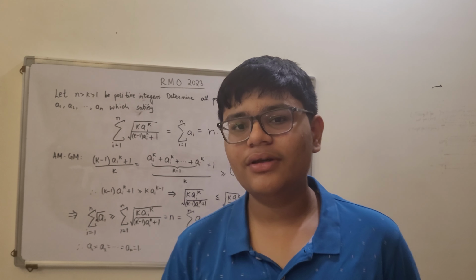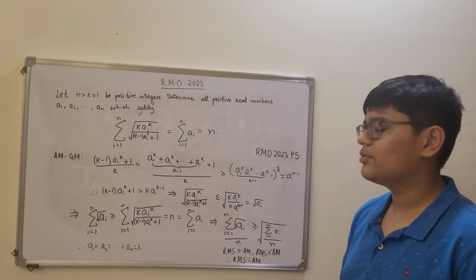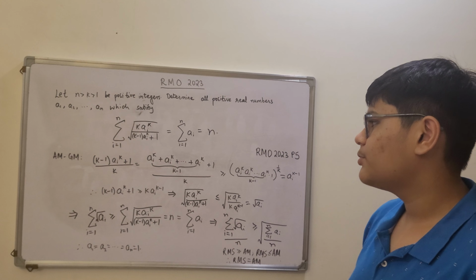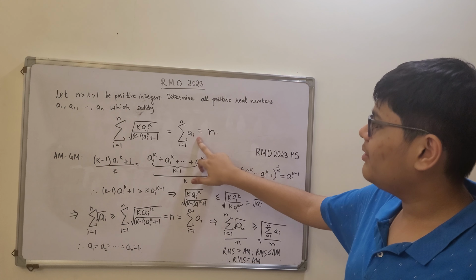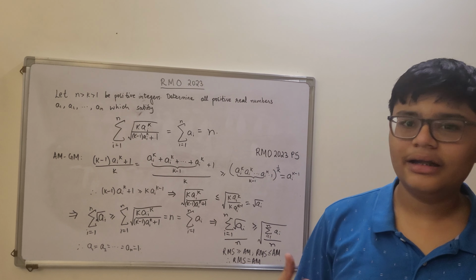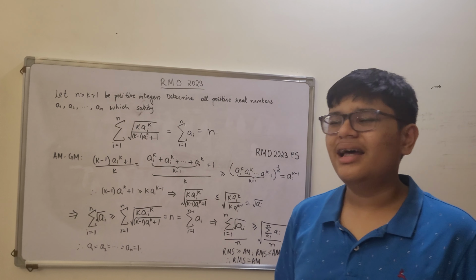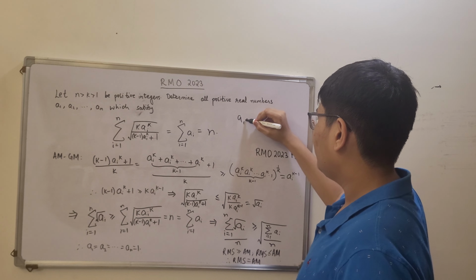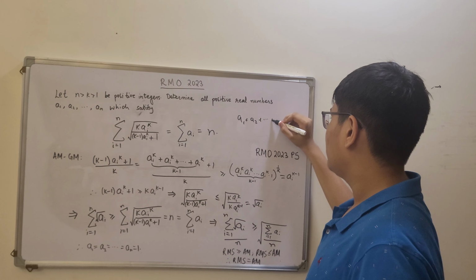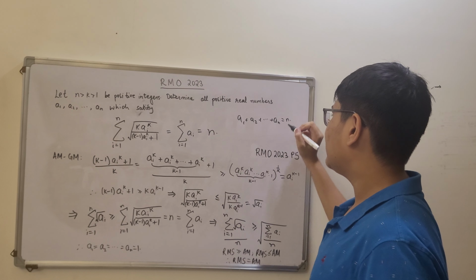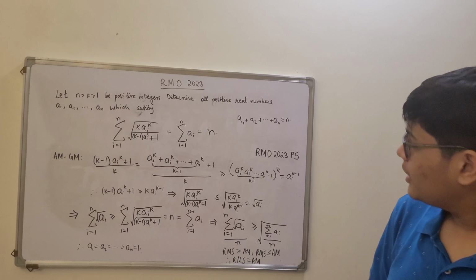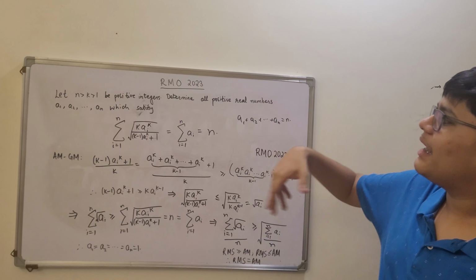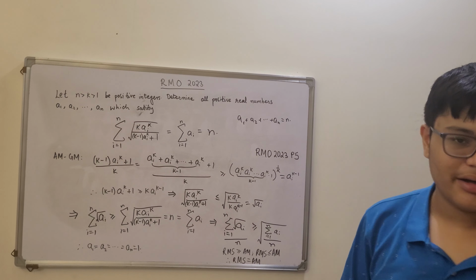And the very obvious equality case in this problem, if you observe the problem properly, you're given that the summation of ai till n is equal to n, that is, a1 plus a2 plus so on till an equals n. Now it will be very comfortable to put all a's to be 1, right?